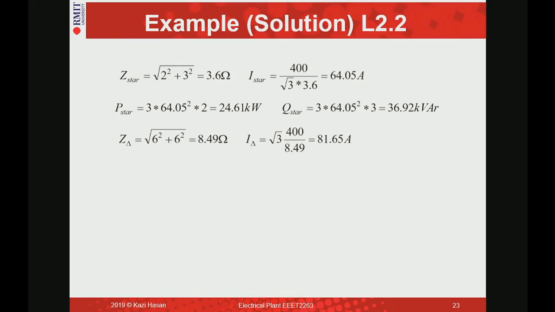So the voltage is 400 volt, that is the phase voltage in each of the phases. And the impedance 8.49 is for each of the phases. So the current you get here is 400 volt divided by this. So this part of the current is the phase current. That's why we multiply with root 3 to make that the line current, because this is a delta connected circuit.